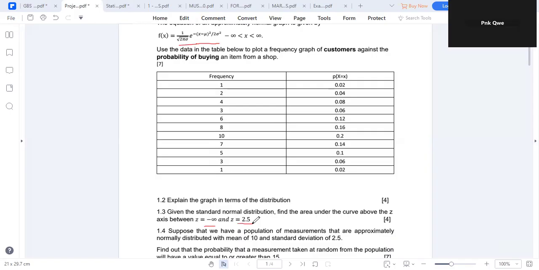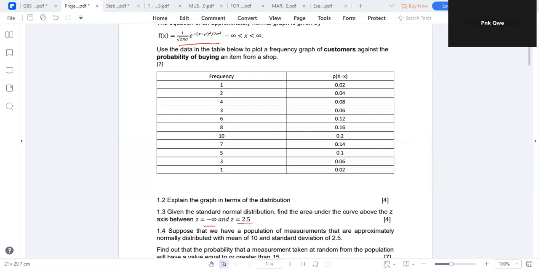So given the standard deviation, find the area under the graph. If we're given those parameters, negative infinity to z equal to 2.5, what is the area under the graph? This is what we were looking at yesterday.